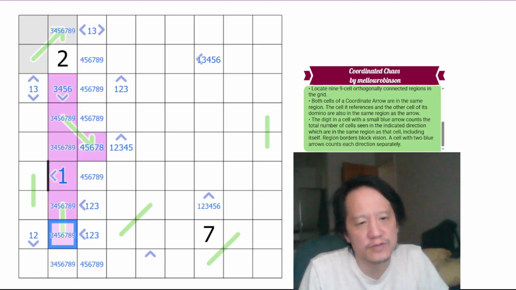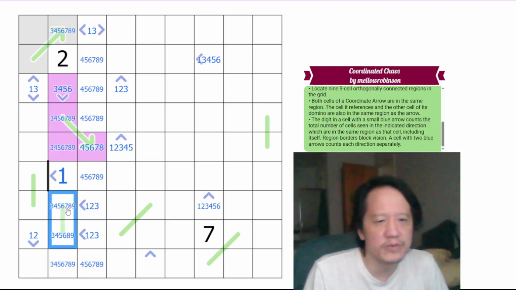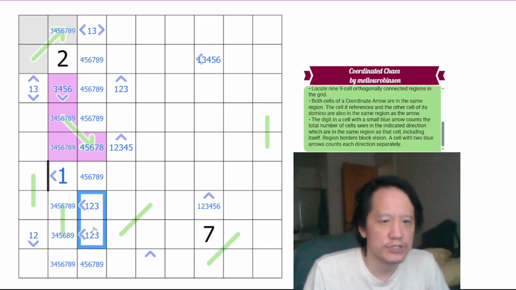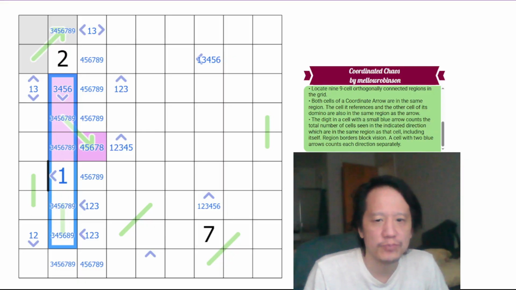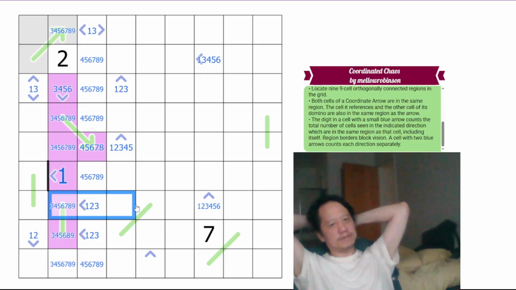This can't be 7 because of the 7 in the column, or 7 in the row. But... I guess... The problem is one of these would have to end in 3. And this would be a 2, essentially. So, where would it access the 2 in this region? Right? I guess it could go out that way. That's possible.